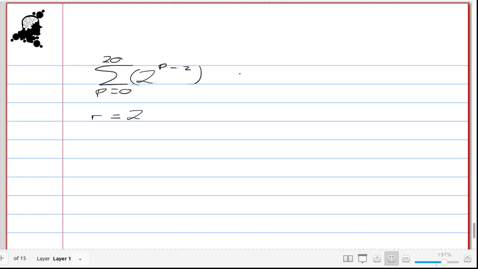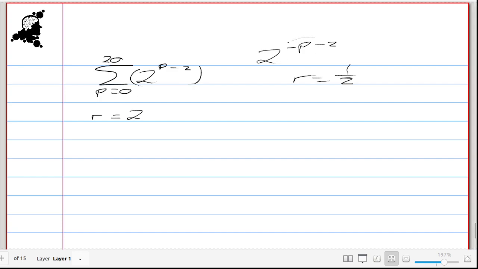If the variable is negative, so let's say we had 2 to the power minus p minus 2, what you do is you swap the numerator and the denominator of the base in order to get the value of r. I'll repeat. If the variable is positive, take the base of that exponent as the value of r.